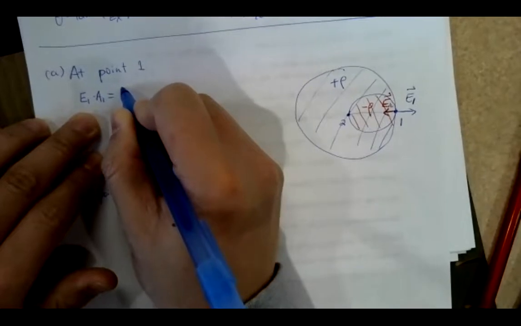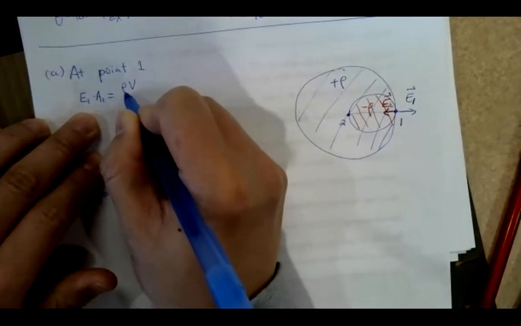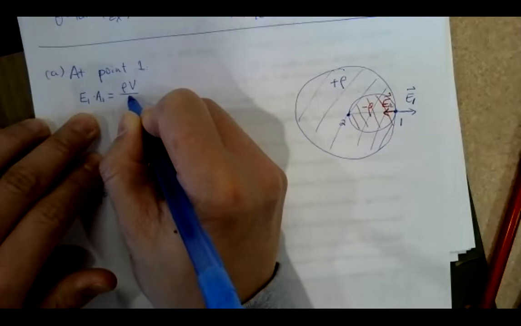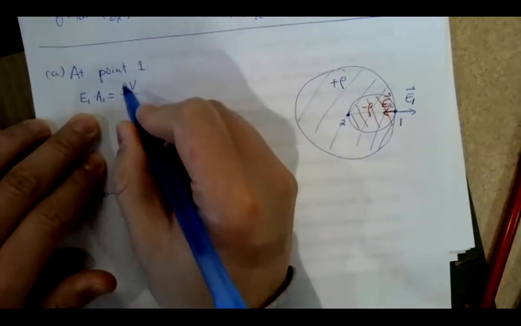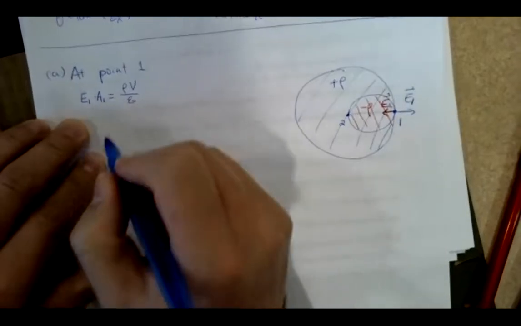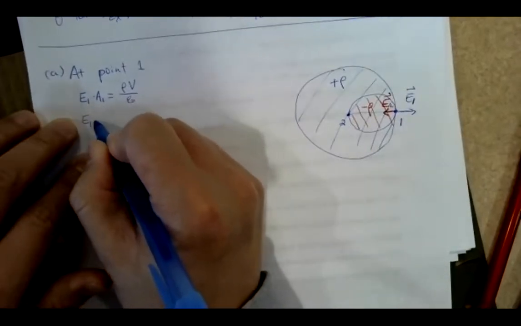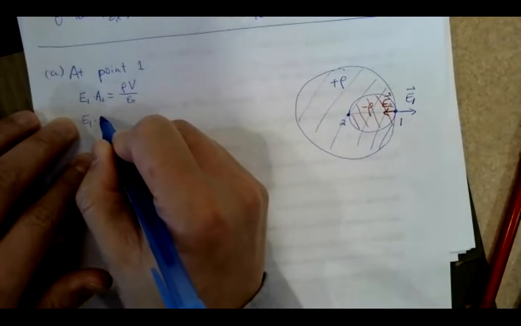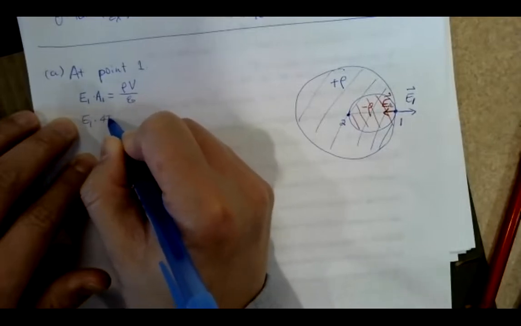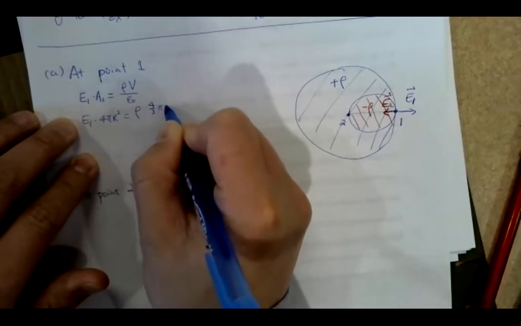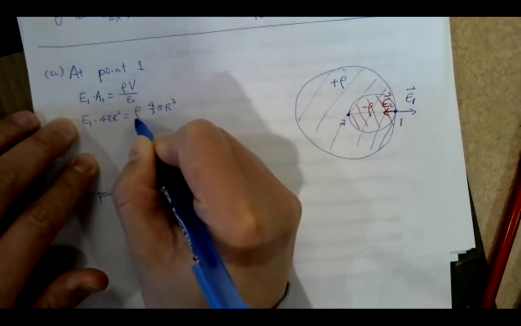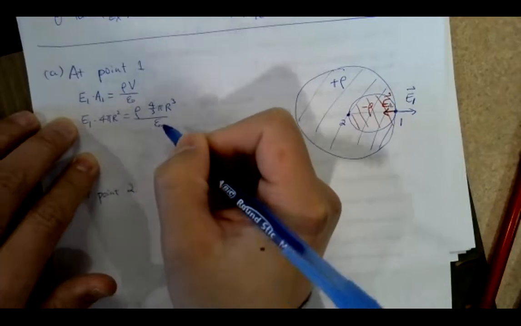So the rho, positive rho times V, that's the charge enclosed, divided by epsilon naught, okay? And then for this one, E1 times, for the spherical area, should be 4 pi r squared, right? And then rho times 4 over 3 pi r cubed, divided by epsilon naught.